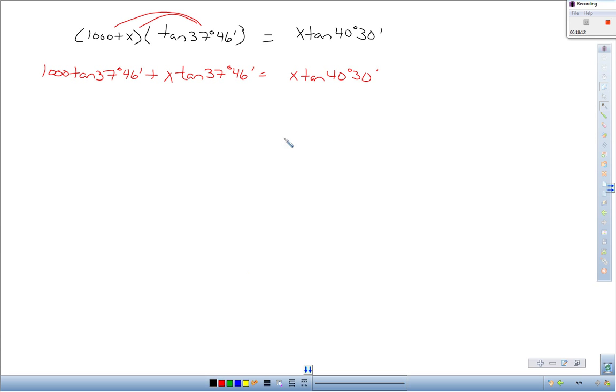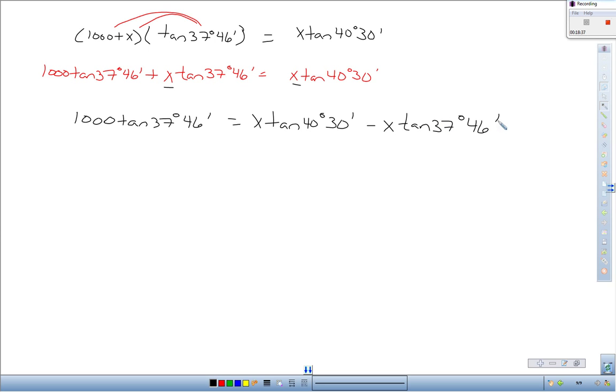Now, if you notice, I do have an x on either side, so I'm going to move this x tangent over to the other side, so I'm going to subtract it when I move it over. So the 1,000 tangent of 37 degrees, 46 minutes is going to be left alone, and I'm going to have x tangent of 40 degrees, 30 minutes minus x tangent of 37 degrees, 46 minutes.